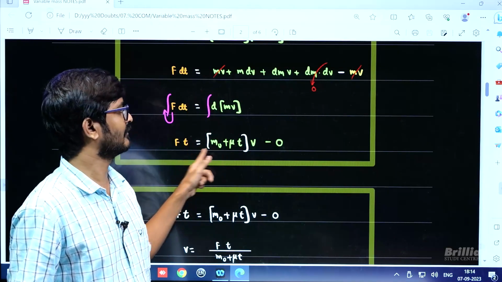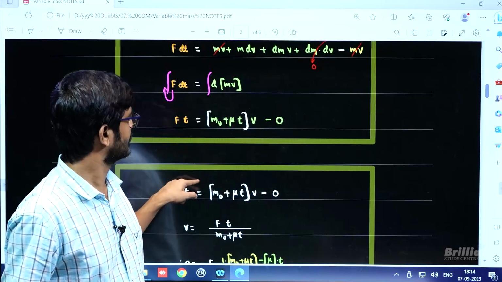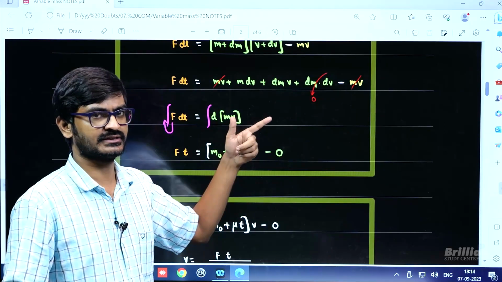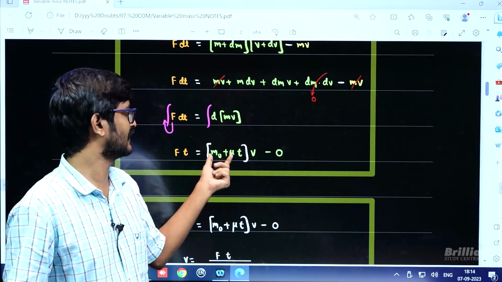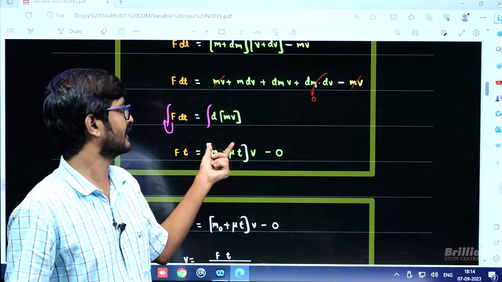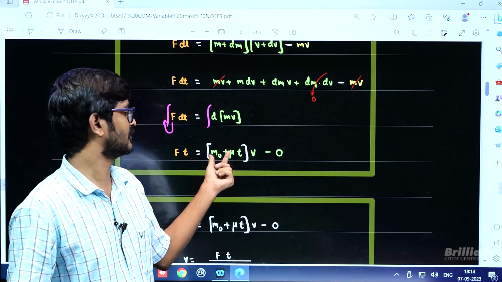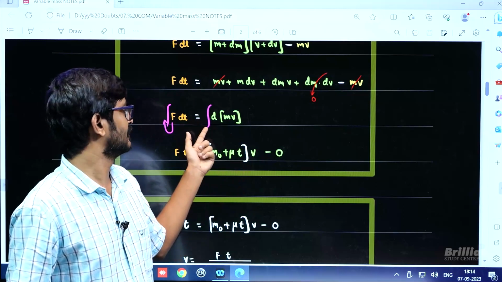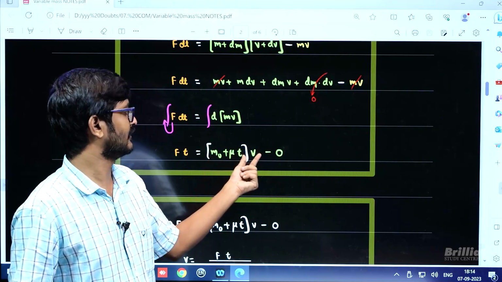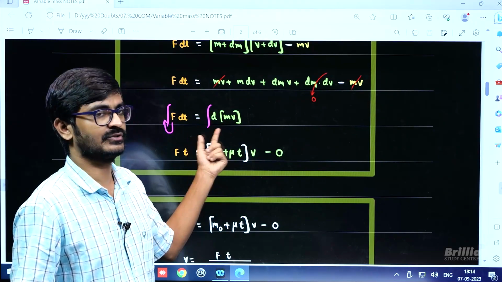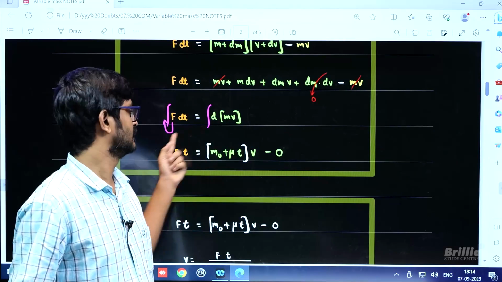Now how to find the final mass? They have given that dm by dt is a constant mu. From there, when you integrate, you will get mass as m0 plus mu into t. After any time, mass is going to be m0 plus mu t. So final mass into final velocity minus initial mass m0 into initial velocity 0.